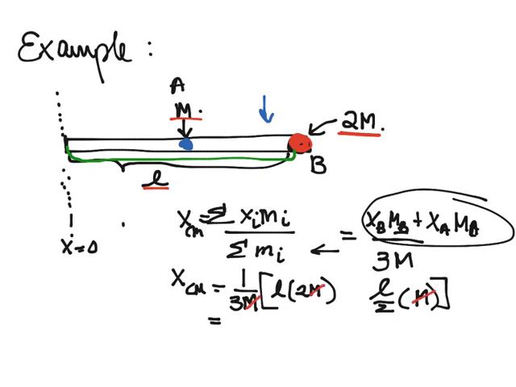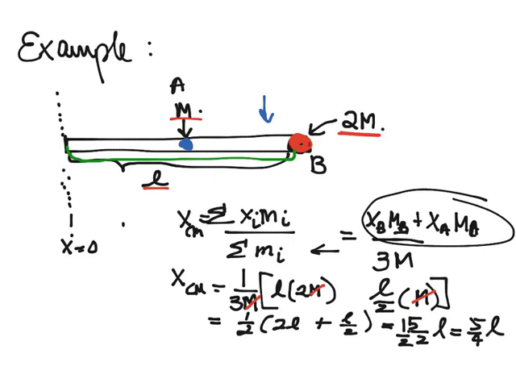My M's go away, and I have 1/3 times (2L plus L over 2), which ends up being 5 over 2 times 1 over 2 L, which is 5/4 L. And if we back up 1 second, I just realized I made a mistake.